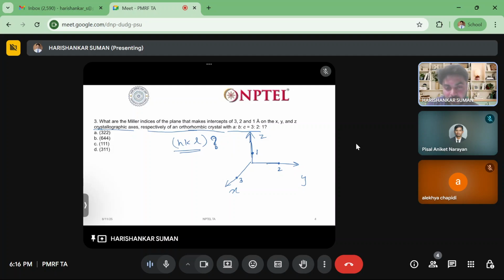We discussed in the last class how to determine the Miller indices of planes if the intercepts are given. Take 5 minutes and try to solve this question. Then I will discuss.